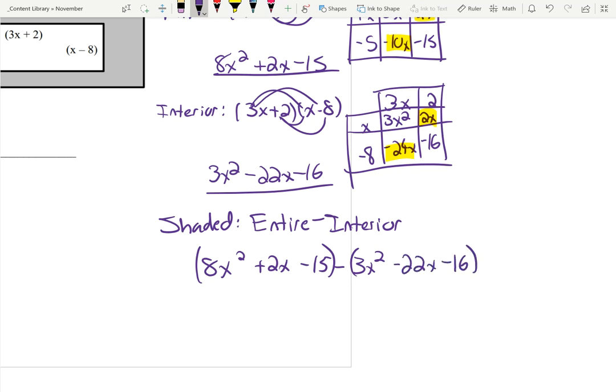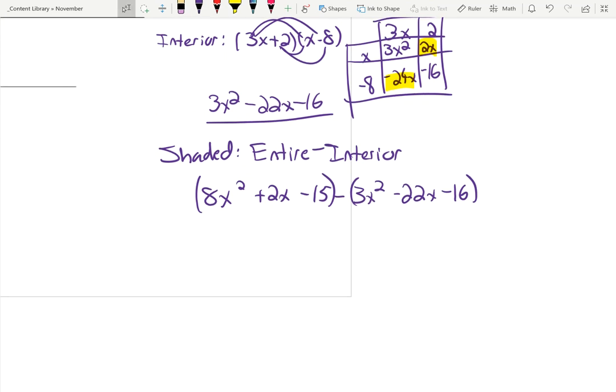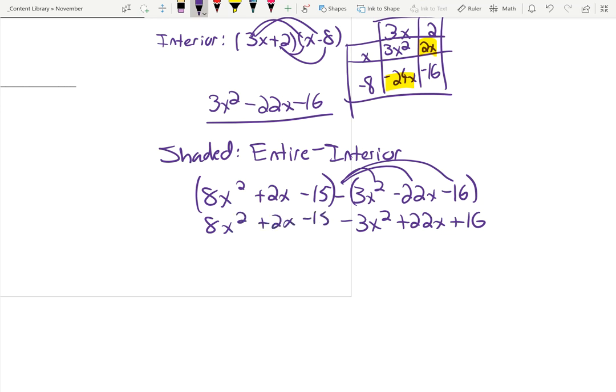But don't forget, this is the important thing to remember, especially for the quiz, is you're subtracting all three of those terms. So you're subtracting 3x squared, negative 22x, and negative 16. So that's going to make this negative 3x squared plus 22x and plus 16 as well. So make sure you're aware of that because that's easy to miss.